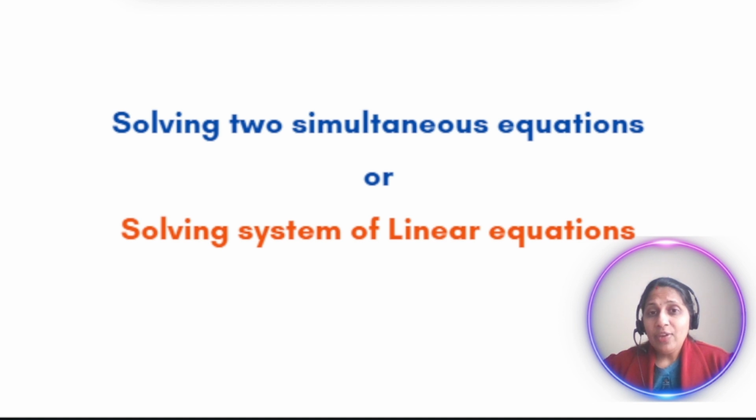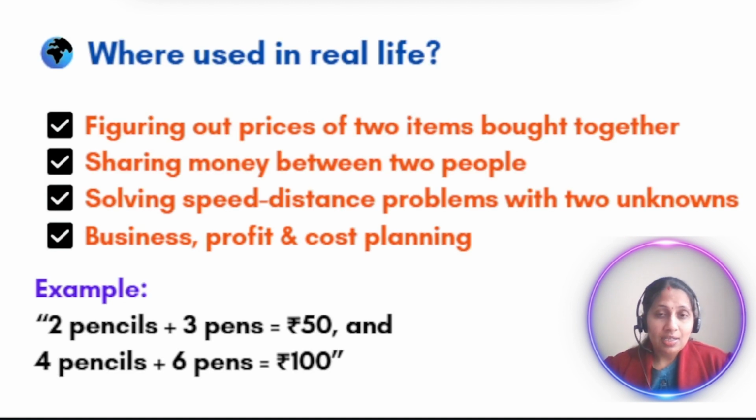Before we begin, where is it used in our real life? Figuring out the prices of two items that are bought together, sharing money between two people, solving speed distance problems with two unknowns, business, profit and cost planning. As you can see, here it involves two unknowns in each case, right?